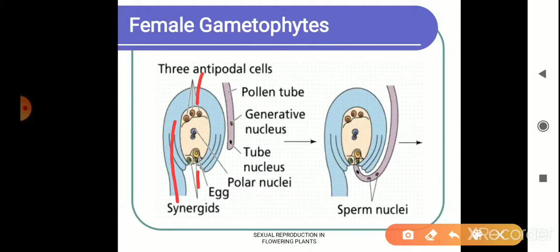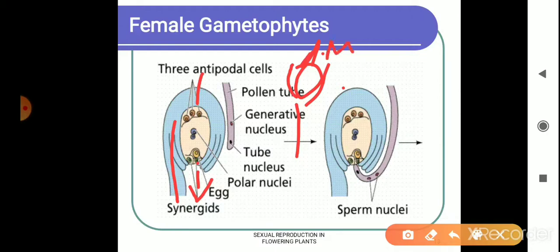In the previous figure you have seen that the micropyle lies here. This type of ovule you have seen. So with the micropyle here, it is called an orthotropous ovule.